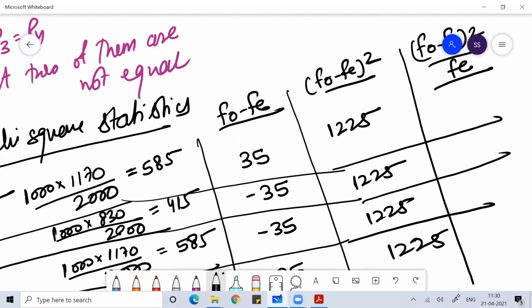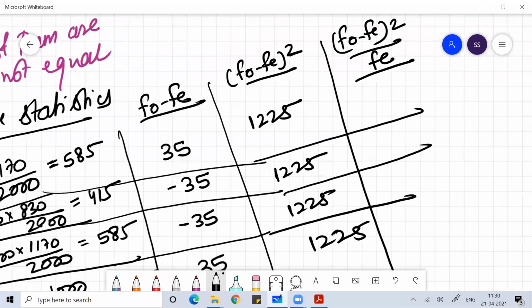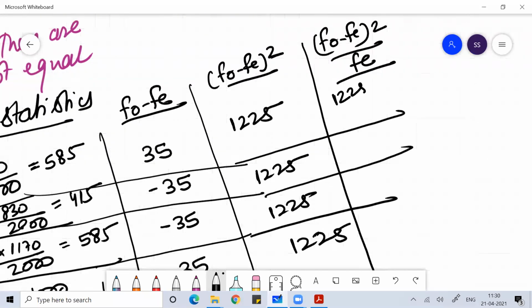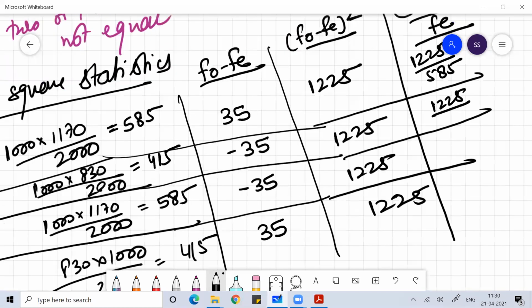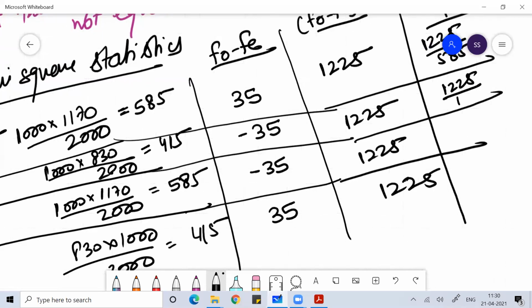So 1225 divided by 585, and 1225 divided by 450.